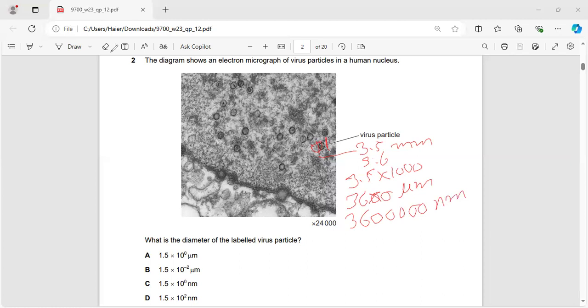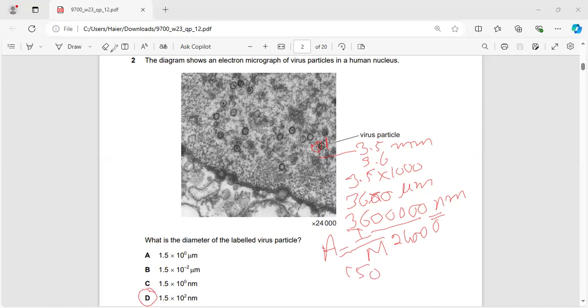And when we apply the formula, image size over magnification, it will be divided by 24,000 magnification. So the answer will be 150, which will be the correct option over here.